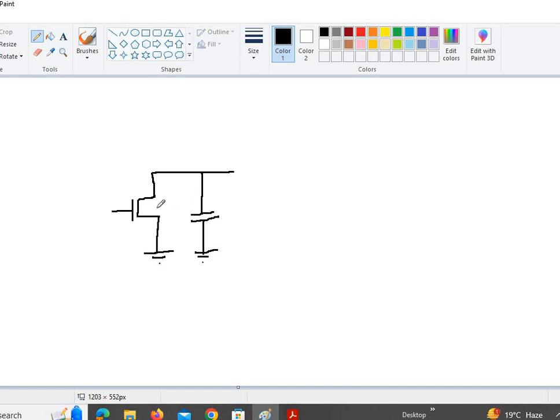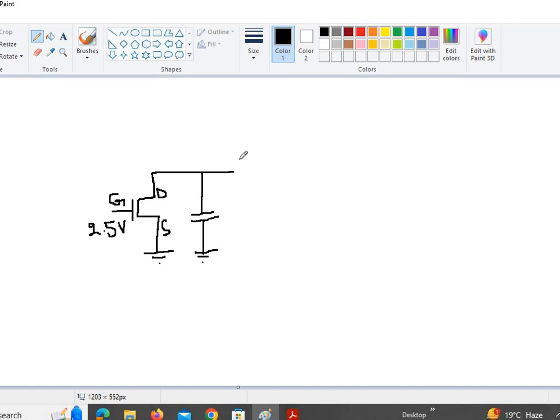Okay, here is our output. For the NMOS transistor, the source is connected to ground, and here is our drain. Here is the gate of the NMOS transistor, and an NMOS transistor conducts when the input is high, so 2.5 volts.